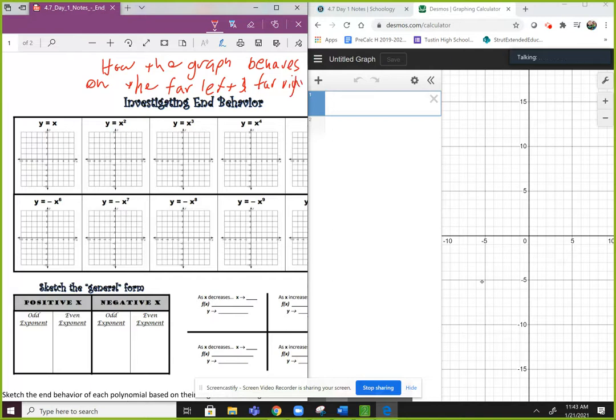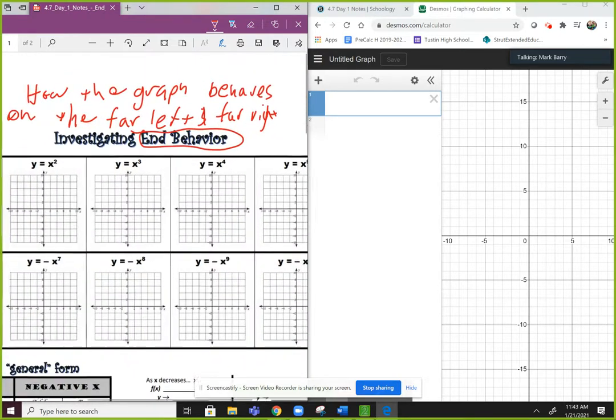So what's it doing at the far left and the far right? That is the definition of end behavior: how the graph behaves on the far left and the far right.